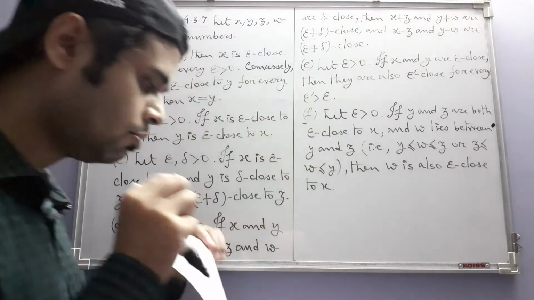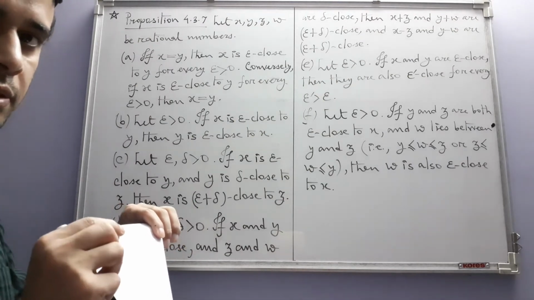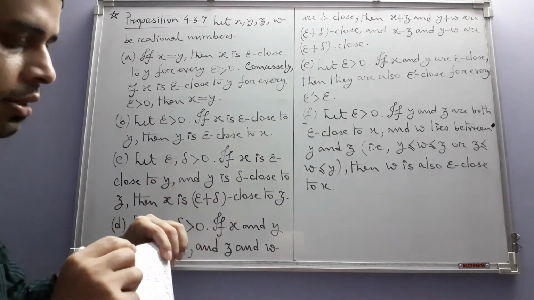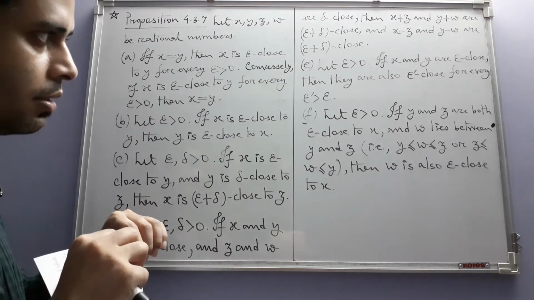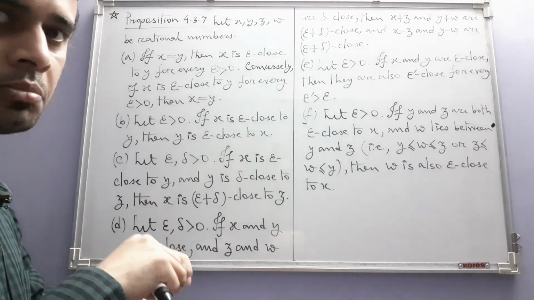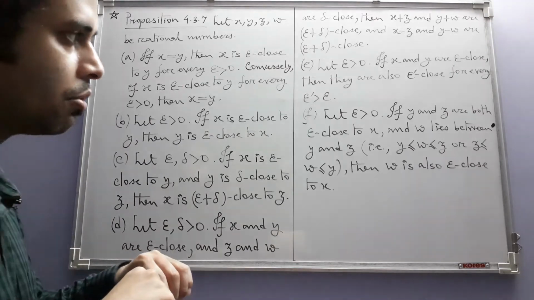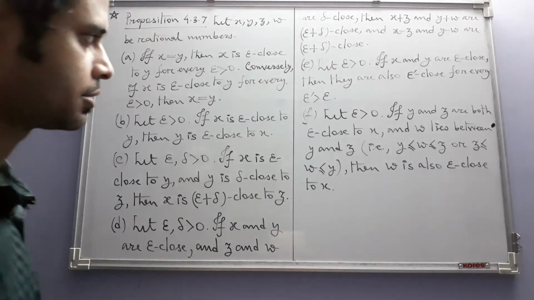That means if two rational numbers y and z are epsilon close to x and there is a rational number between them, then they force that rational number w in between them to also be epsilon close to x.